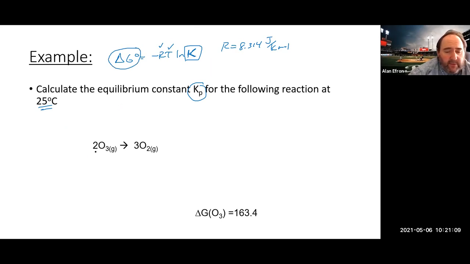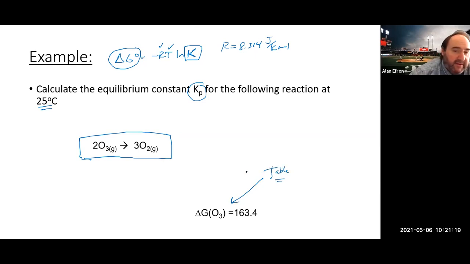In this case, we're not given any other piece of information other than the equation, which means I would go to a table first and look these values up so I can do products minus reactants. That is how I will get to our delta G naught.